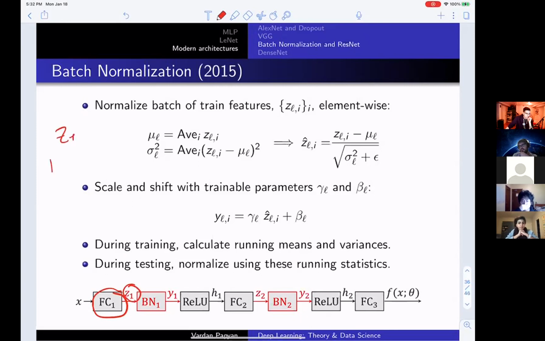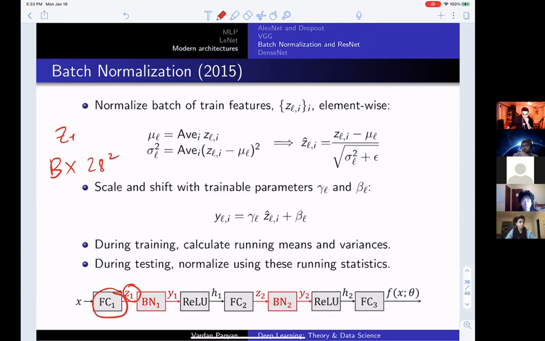Z1 is of size batch times the number of channels times height times width. But because it's a fully connected layer, there's no channel, height and width, so it's just some scalar, let's say just 28 squared for simplicity. The first fully connected layer obtains as input a batch of images, each has 28 squared pixels.